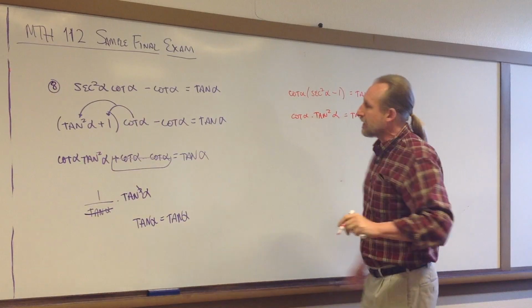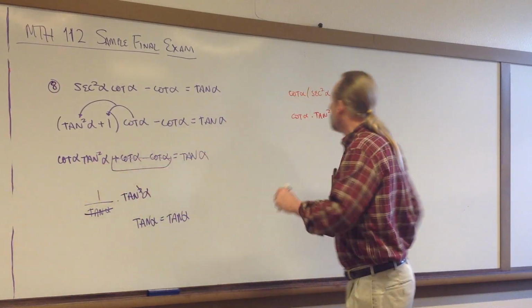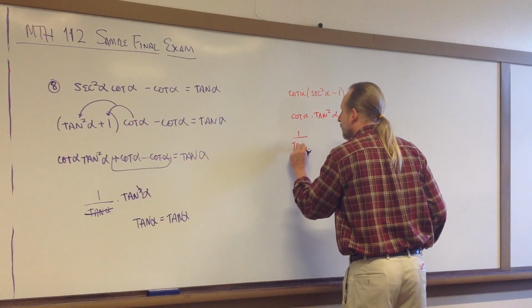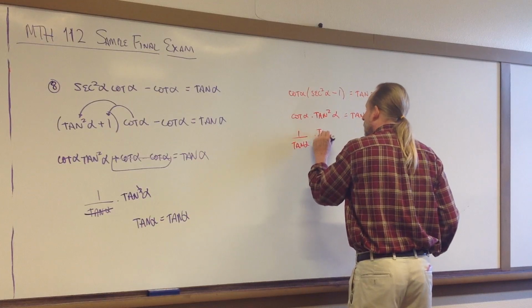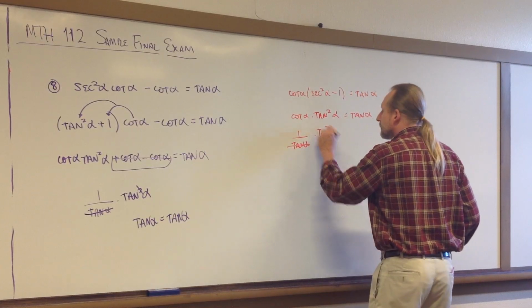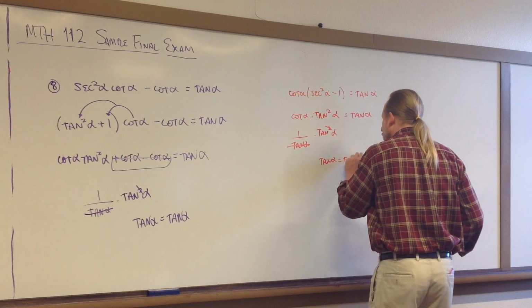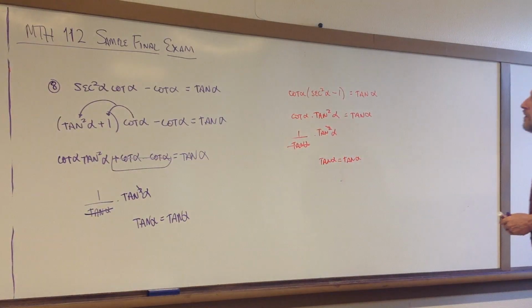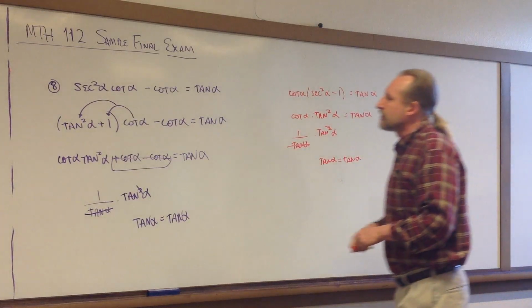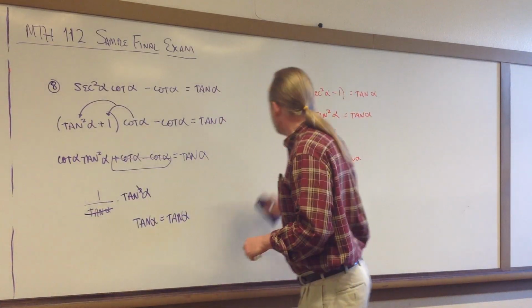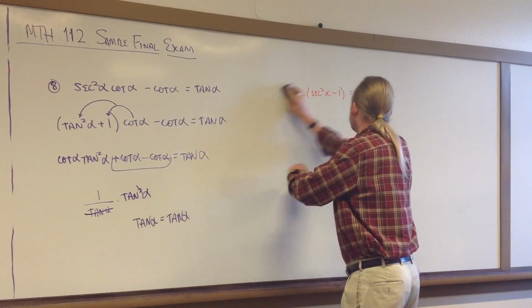And now we're just back to this part right here, right? This is 1 over the tangent. That'll cancel out one of those tangent squareds. And there's our tangent alpha equals tangent alpha. Okay, I'll just leave it at that. There's a third way to do this, but for the sake of time, I'm not going to go into it.